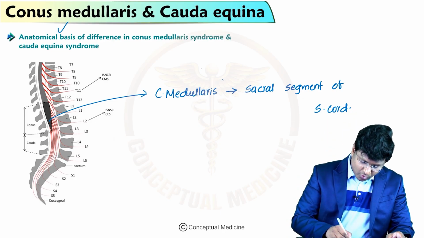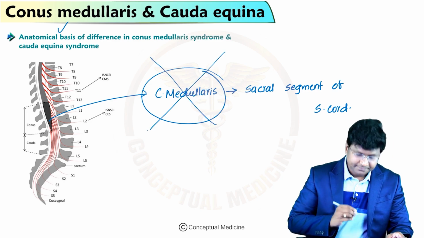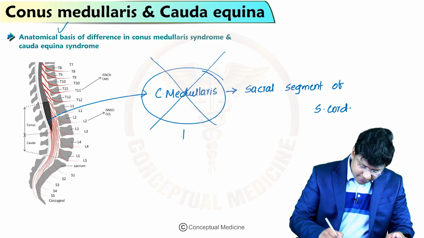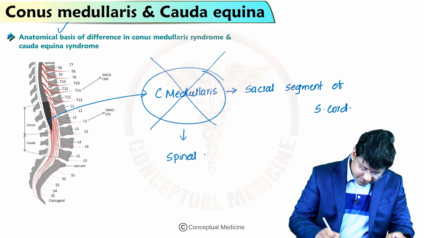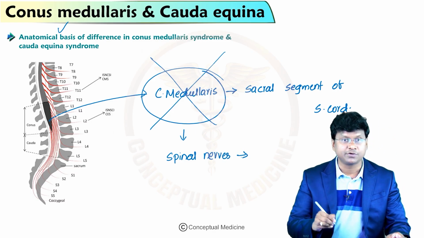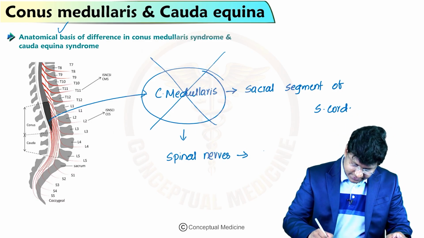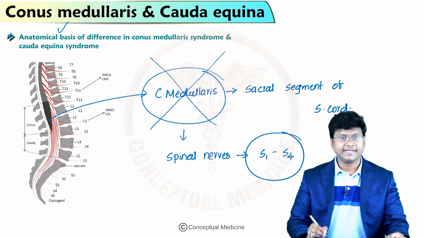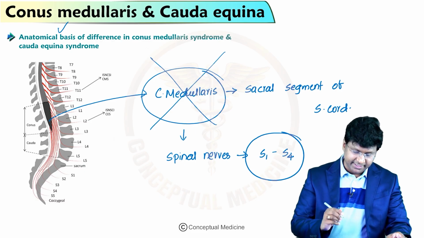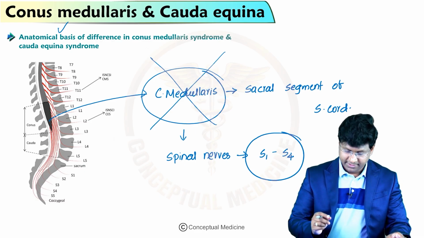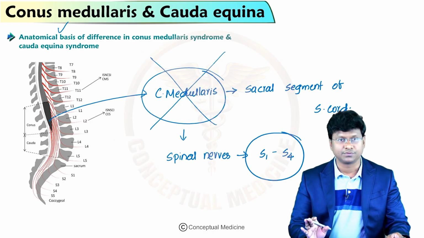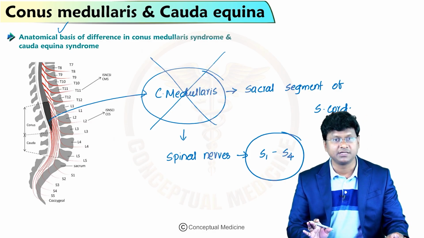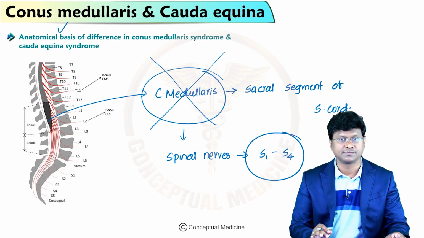So, if the conus medullaris is affected, which nerves are gone? The spinal nerves which are affected in case of conus medullaris will be S1 to S4.